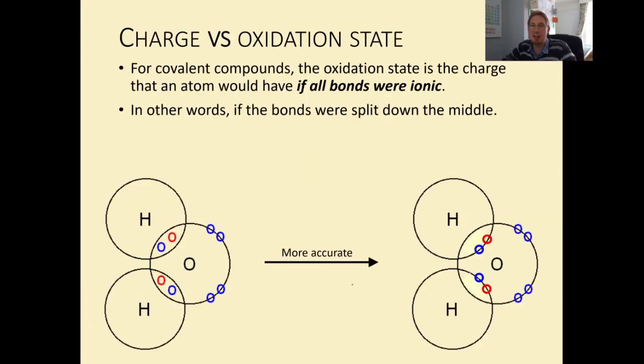Reminding you what oxidation state is, for covalent compounds, the oxidation state is the charge an atom would have if all bonds were ionic. So for ionic compounds, the oxidation state is the charge.